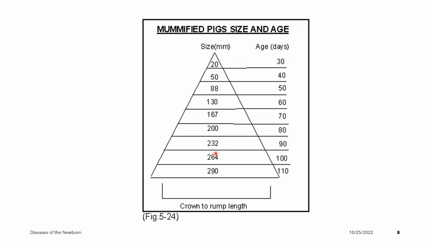When it is about 200 millimeters, the mummification could have occurred at day 60 or day 70. As the size of the mummified pig increases in length, there is also an increase in the gestation day wherein the mummification could have occurred.